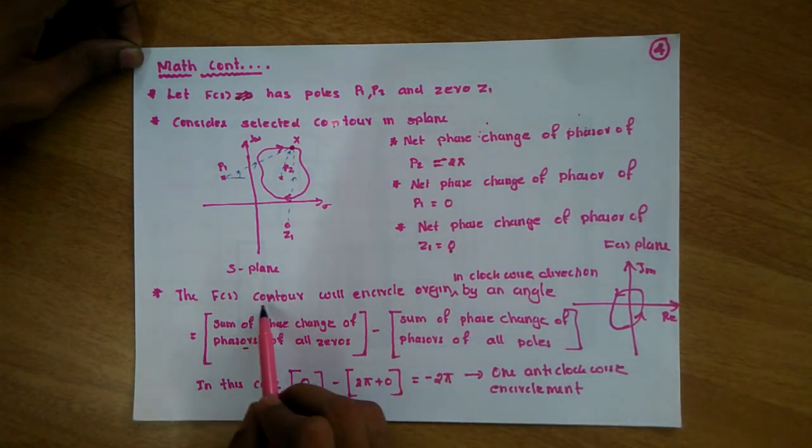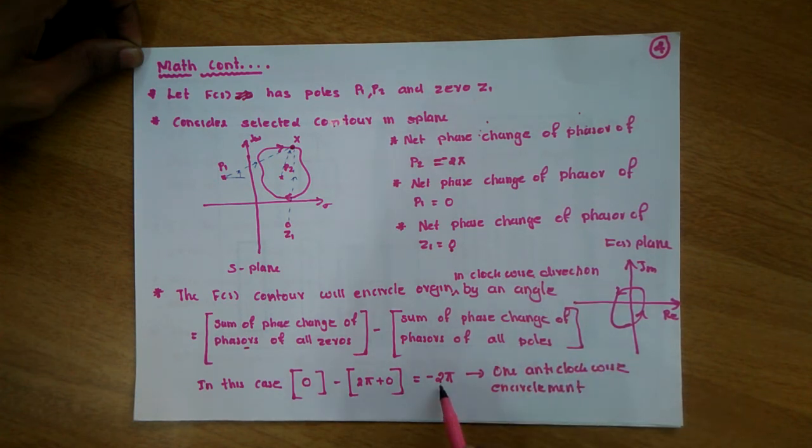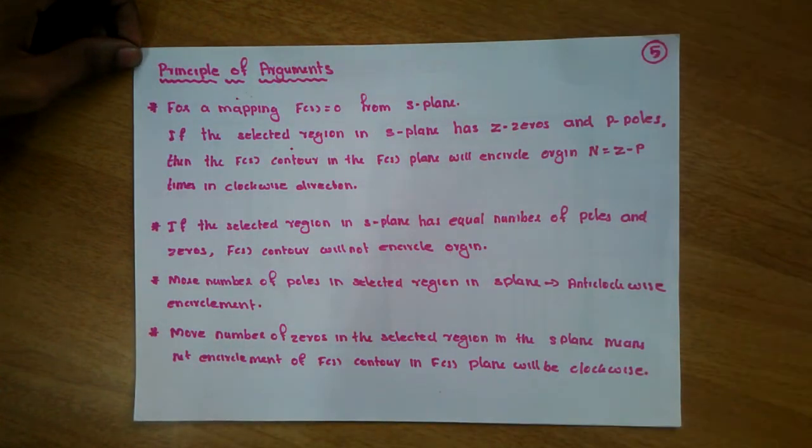That means that f of s contour will encircle origin in clockwise direction minus 2 pi radian. That means that it is actually encircling the origin in anti-clockwise direction. That is one anti-clockwise encirclement. Okay, we shall see it in detail.